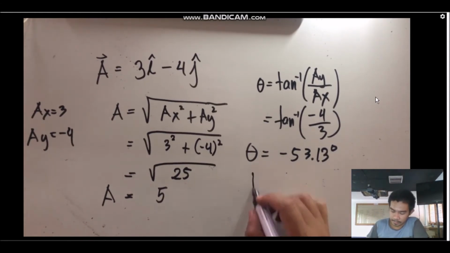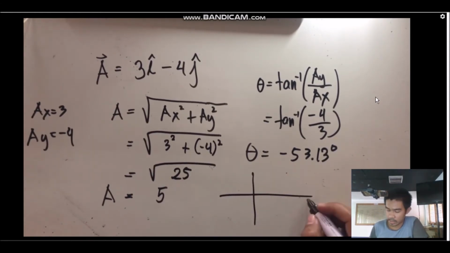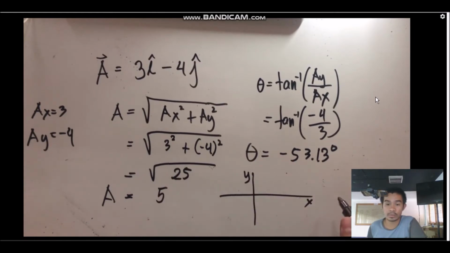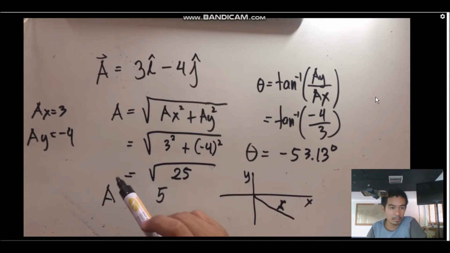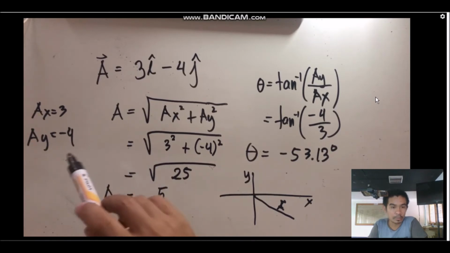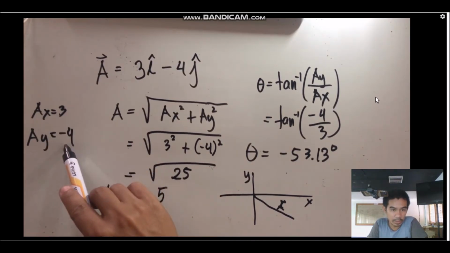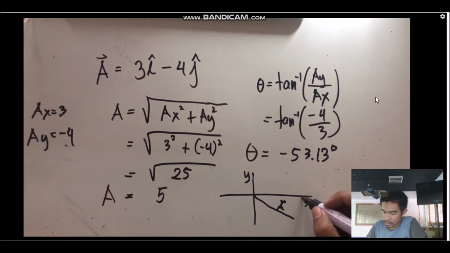Now again, if this is the x and y axis, the xy coordinate system, vector A is located in the 4th quadrant. The x component is positive and the y component is negative, so this negative 53.13 is measured from the positive x-axis in the clockwise direction.